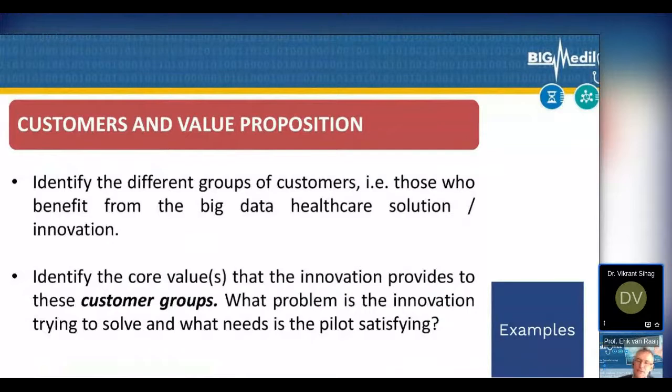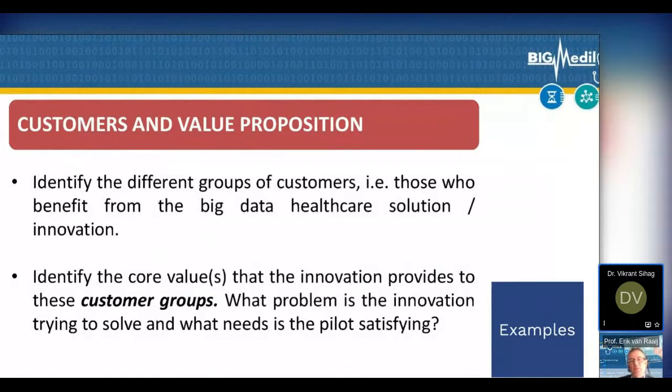And we also used a small tool to specifically tease out the value proposition. And we talked about what pain certain customer groups feel, and the pain that you might take away with your innovation, or what are the gains that these customer groups might derive from your innovation. So we talked about pains and gains, and that helped each of the pilot teams to think about what really is the value proposition.